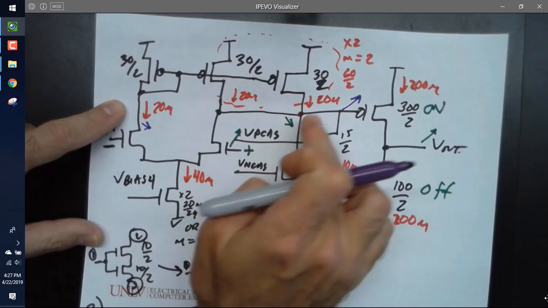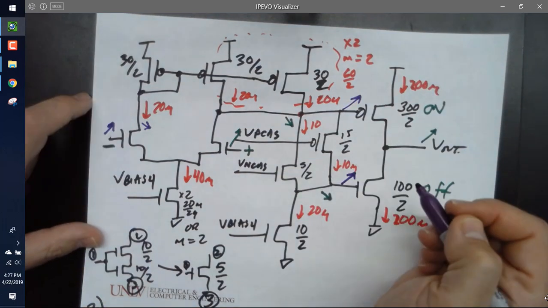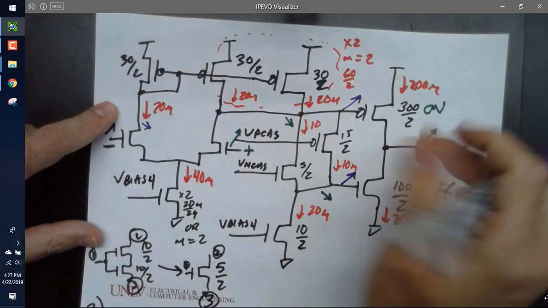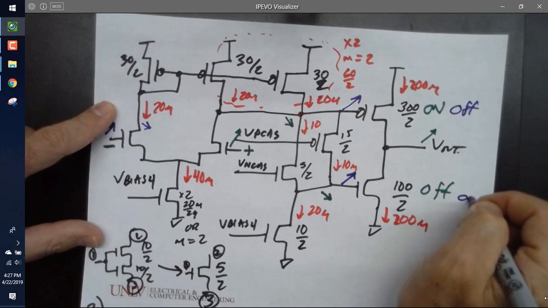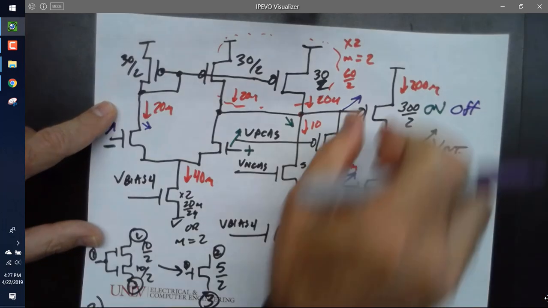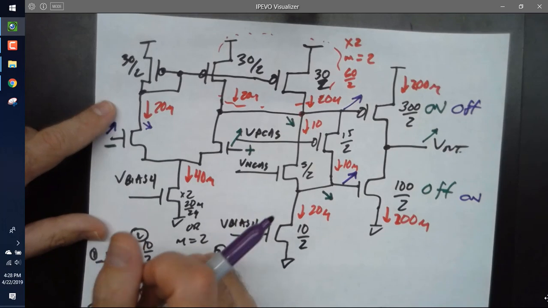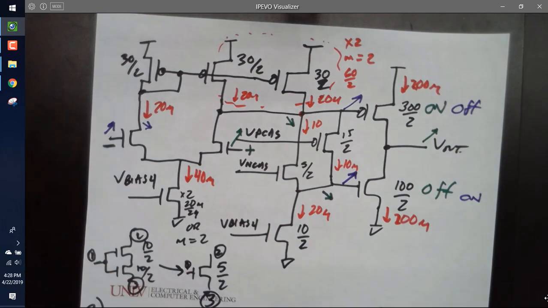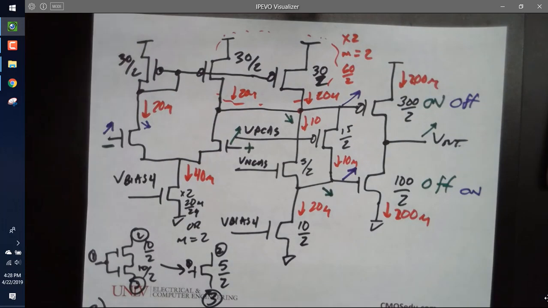So that causes this node to go up, which causes this node to go up, which then in turn does what? Turns this off and turns this on. And now I can get these where they operate within a VDS SAT of the power supply. For your design, if you went with 50 millivolts, you'd be able to operate linearly within 50 millivolts of your power supply.